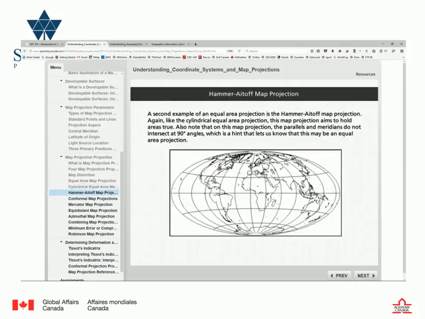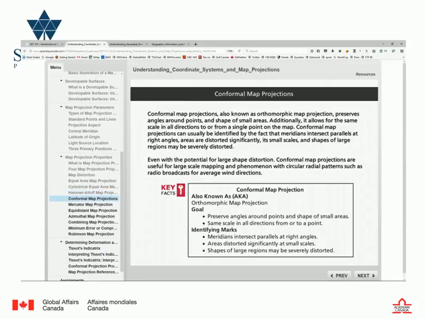This is a second example of equal area. The two areas for Canada are the same, but in order to keep the area the same, you either compress the latitude or you compress the longitude. In this case, you're compressing the longitude. Conformal map projection is also orthomorphic, okay?